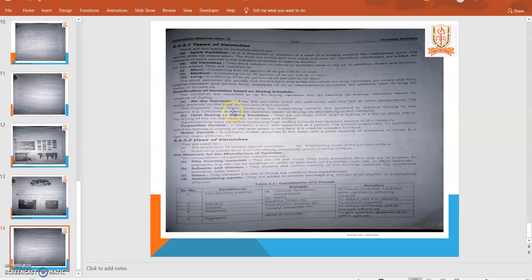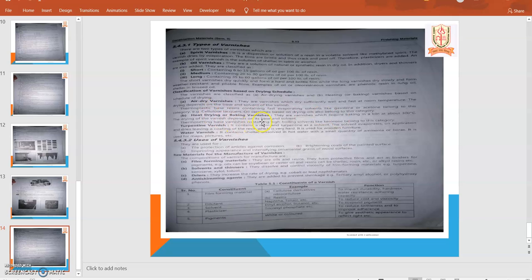The drying depends on the base and the solvent of the varnish. Then thermoplastic base resins containing fast evaporating solvents like gasoline or acetone belong to the category of cellulose lacquers. Then oil varnishes based on drying oils belong to this category.